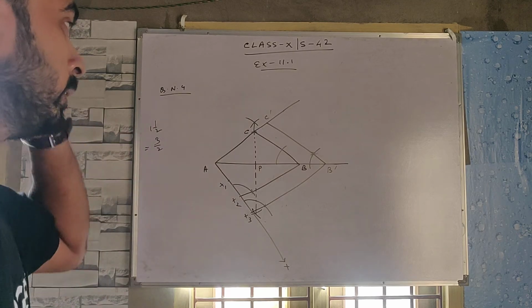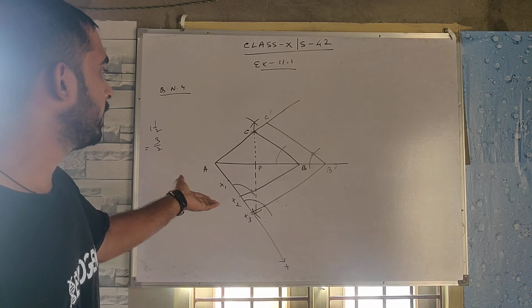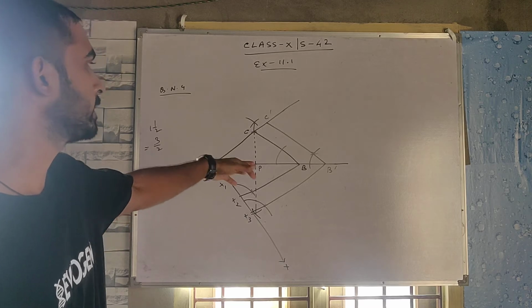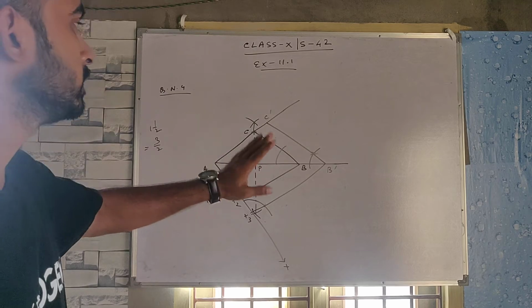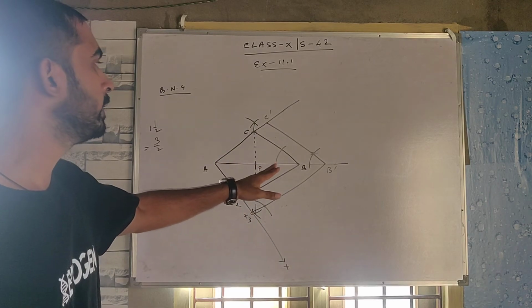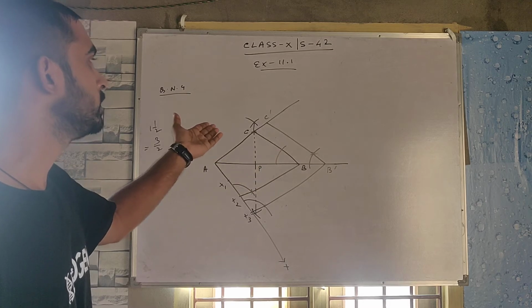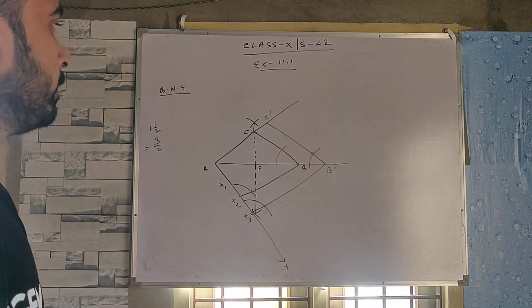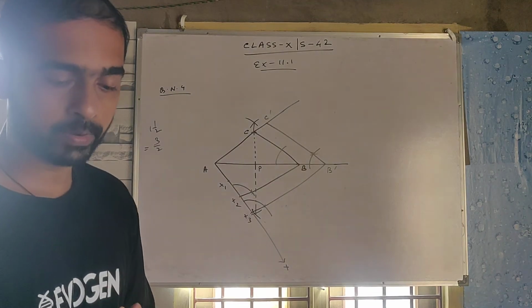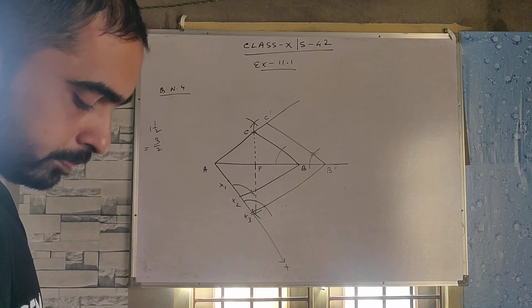Then join BX2, and through X3 draw a line parallel to BX2 which intersects extended AB at B dash. Next, through B dash draw another parallel line to BC which intersects extended AC at C dash. So A, B dash, C dash is the required triangle. So these are the steps of construction.